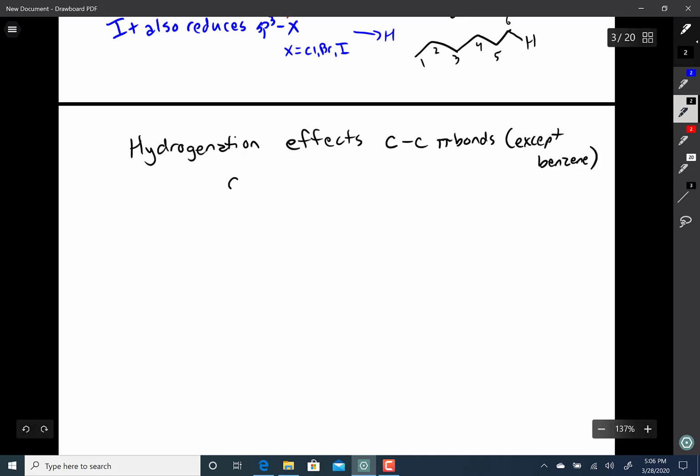It affects sp3 carbon-chlorine, sp3 carbon-bromine, and sp3 carbon-iodide bonds. And we replace those with hydrogens.